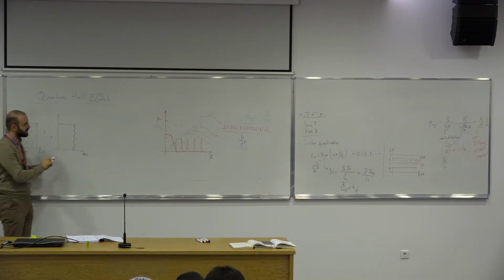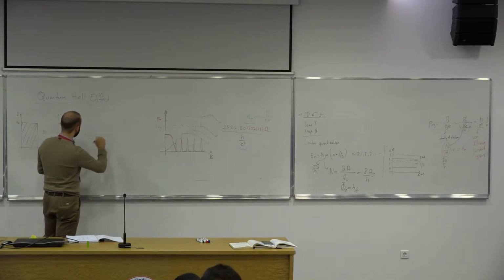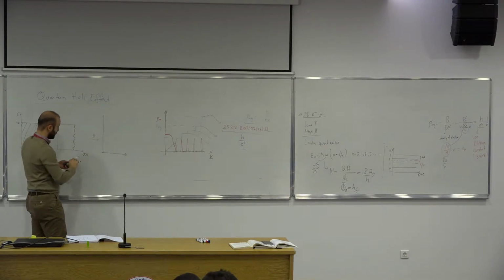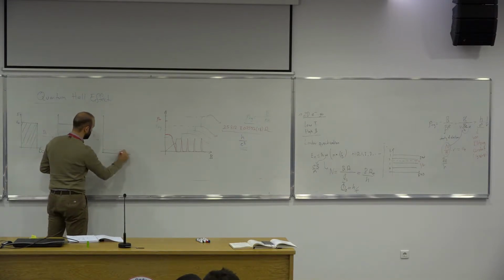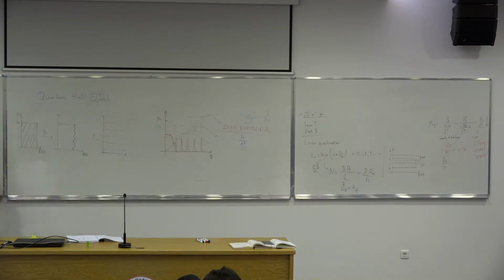But when I exceed a certain magnetic field, this is what I'm going to end up with. I'm going to form Landau levels. Okay, so this is going from a 2D electron gas that's completely free to move.